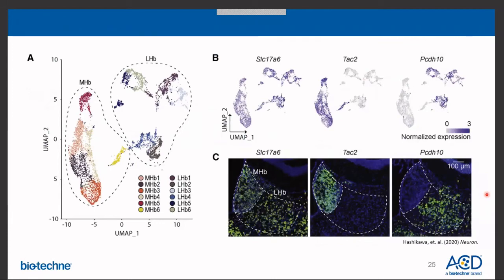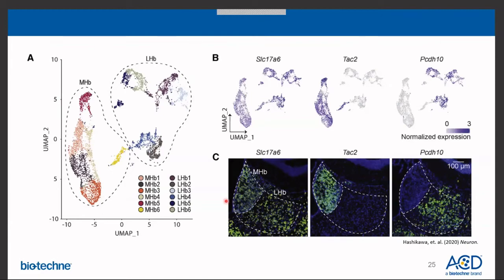It was known that the habenula can be divided into medial and lateral portions. For example, neurons in the medial habenula play a critical role in regulating nicotine reinforcement and anxiety and fear-related behaviors. Here in this UMAP plot, we're seeing just the 12 neuronal clusters that correspond with either medial or lateral habenula neuronal clusters, and they are clearly delineated based on expression of markers including TAC2 and cadherin 10.